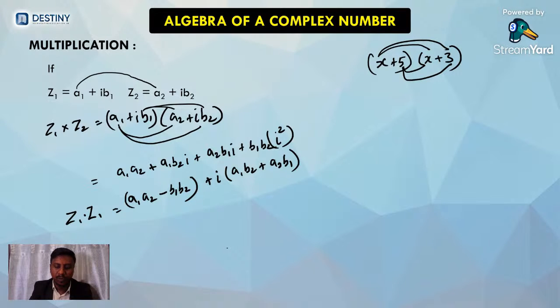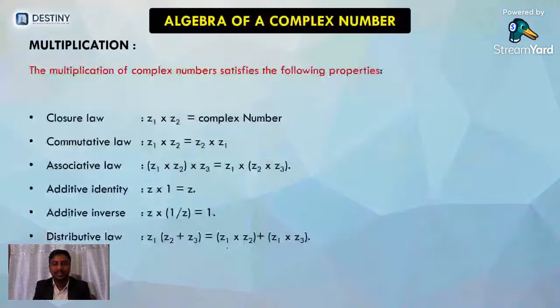Now multiplication also satisfies the following laws. These are the properties satisfied by multiplication. So closure law, again I had told you, if Z1 is a complex number and Z2 is also a complex number, then the multiplication result will also be a complex number. This is called closure law.